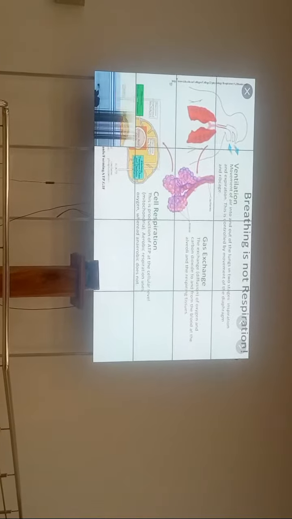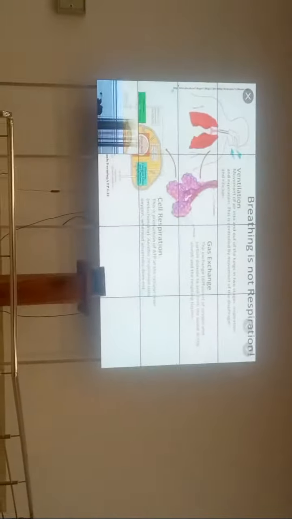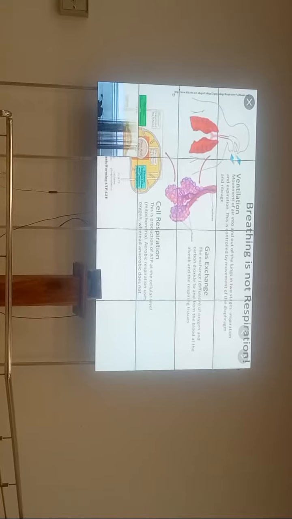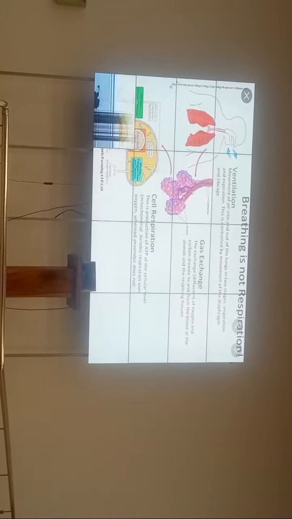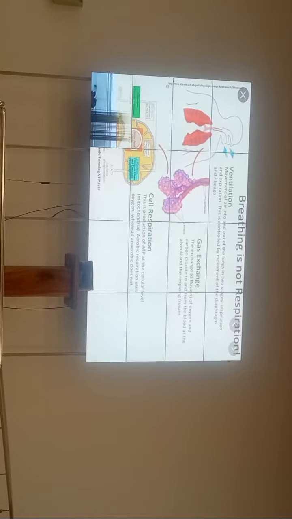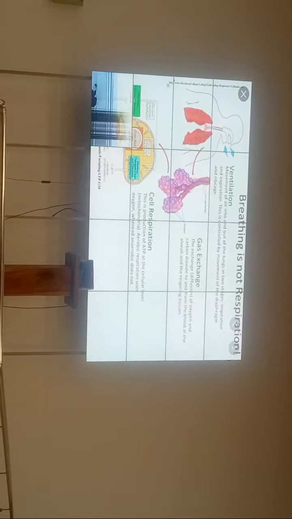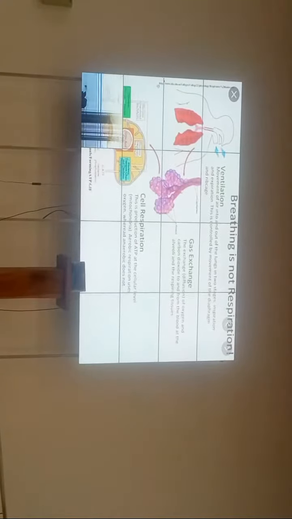Now, there's transpulmonary pressure. We have the pressure found inside the alveoli, and then you have intrapleural pressure found inside the pleural cavity. The difference between these two is the transpulmonary pressure.